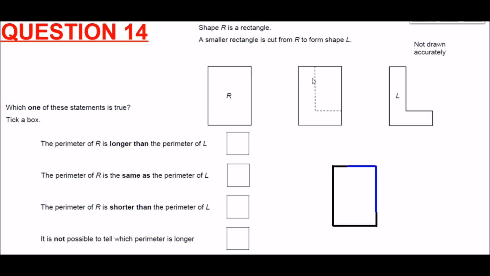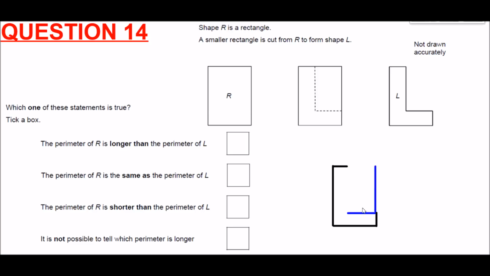Now, because R's been cut and L's been formed, we can just imagine that these 2 bits have been cut away. So I'm just going to rearrange the outside bits of the shape and just put them together in a slightly different order. That makes shape L. So we've made shape L, but we still use the same outside length of a rectangle. That's a rectangle.